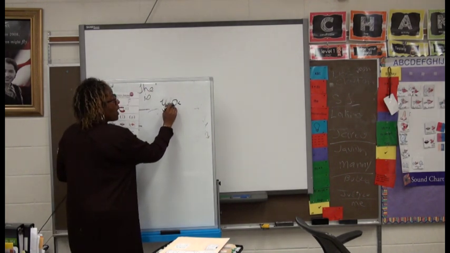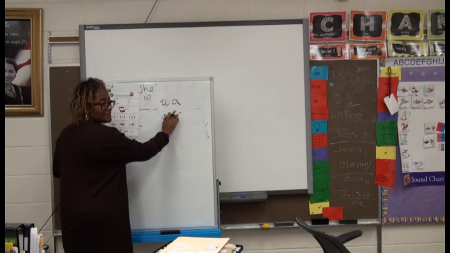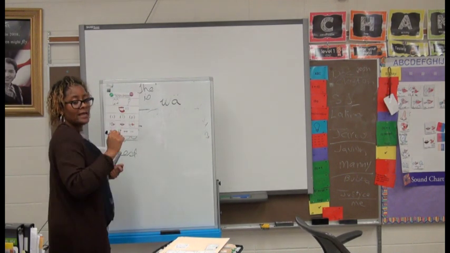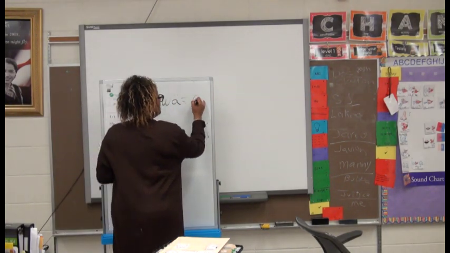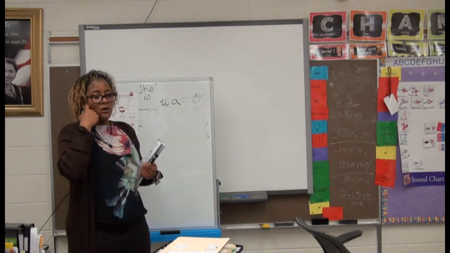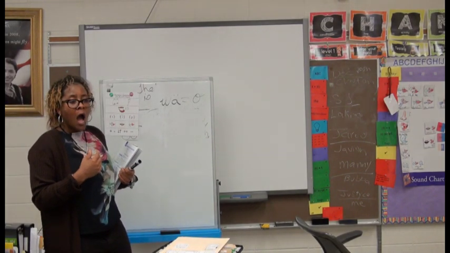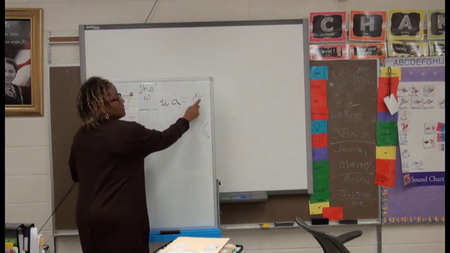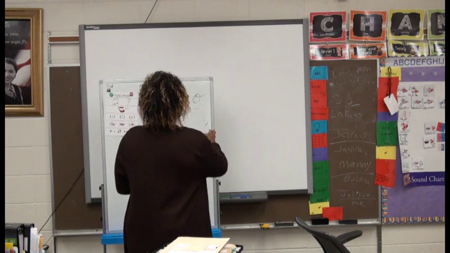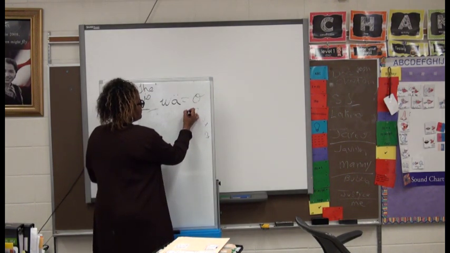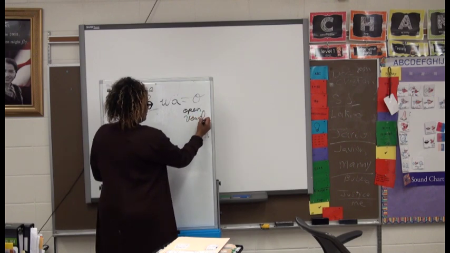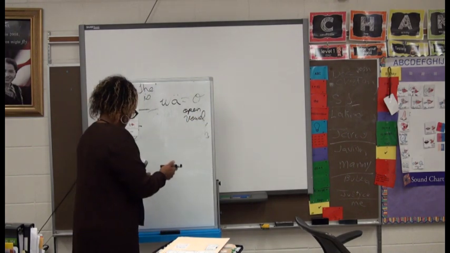Remember, it's a diaeresis. But what sound does it have? It has the O. We're only doing the sounds, so when you hear the ah, you're going to pull the O, which will be your open vowel. Okay? That's it.